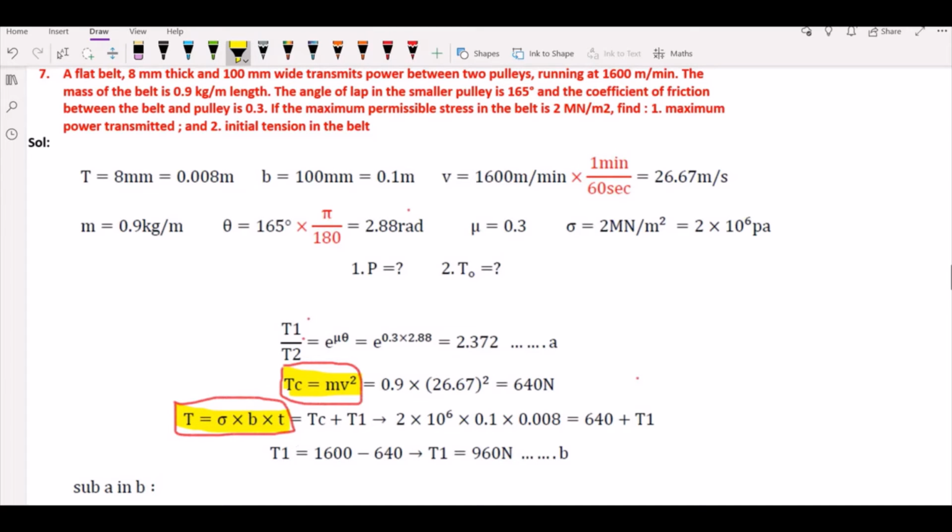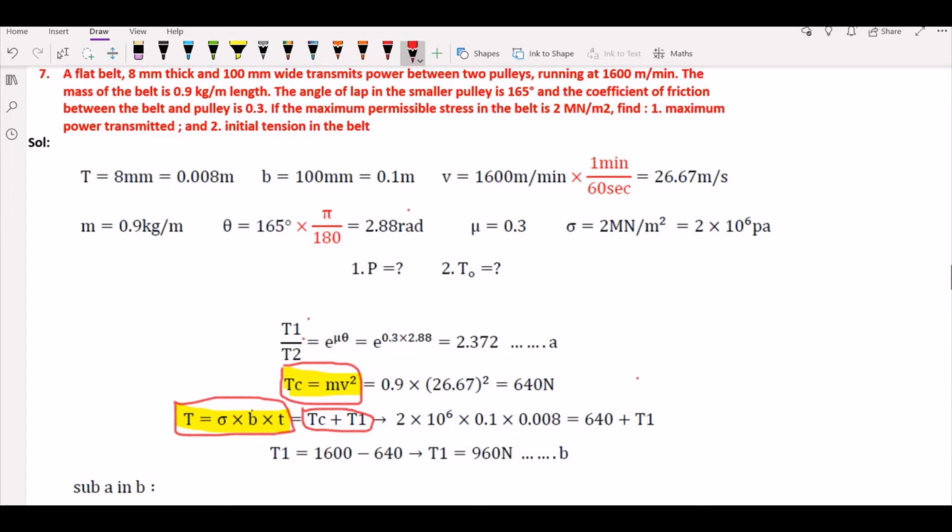Okay, so this relation is also equal to Tc plus T1. So this T is equal to Tc plus T1. Here Tc is the centrifugal tension, and this T is what we calculate with the help of this, and this T1 is your initial tension. That is what we need to calculate.